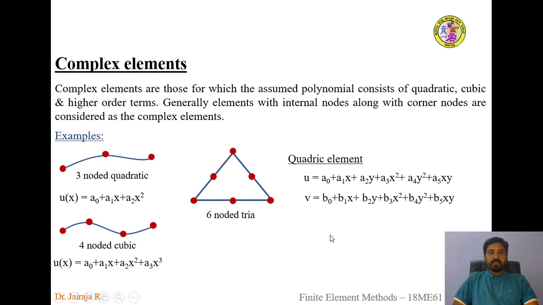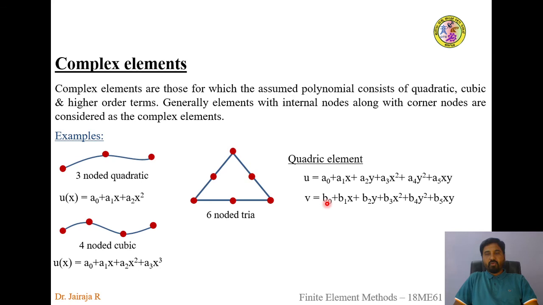Similarly, for two-dimensional elements like the six-noded triangular element, it is also called a linear strain triangle. Here it contains three corner nodes and three mid nodes, so a quadratic polynomial can be expressed. u is equal to a0 plus a1x plus a2y plus a3x square plus a4y square plus a5xy.